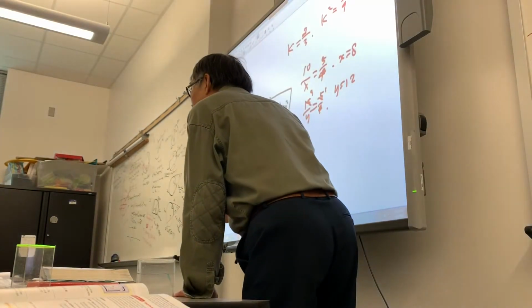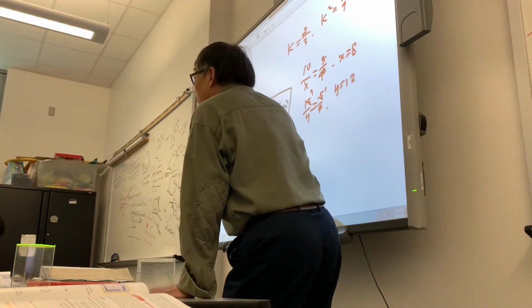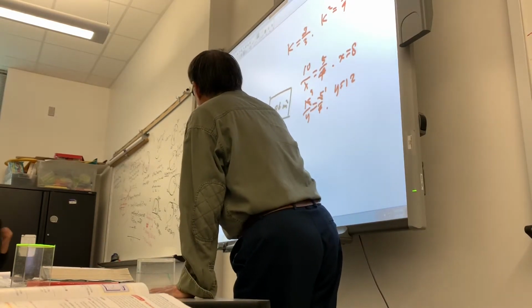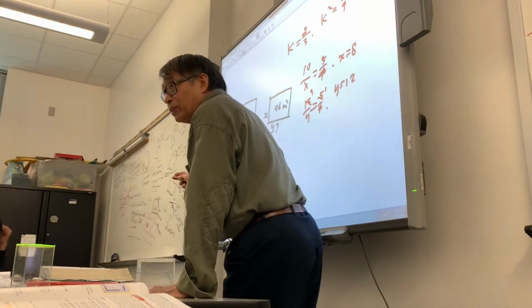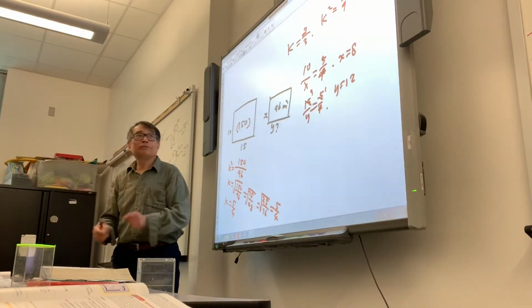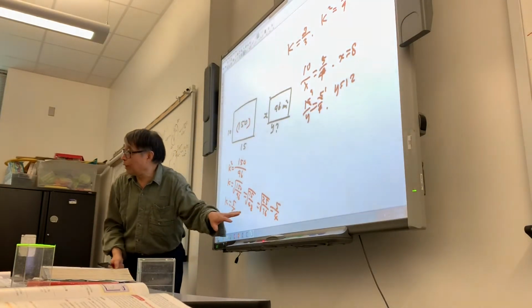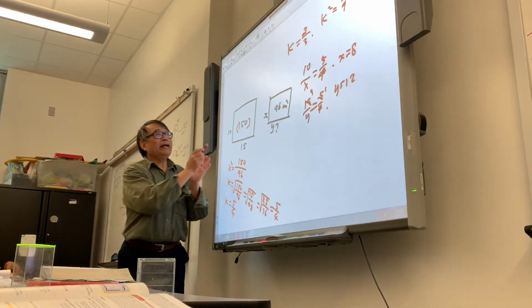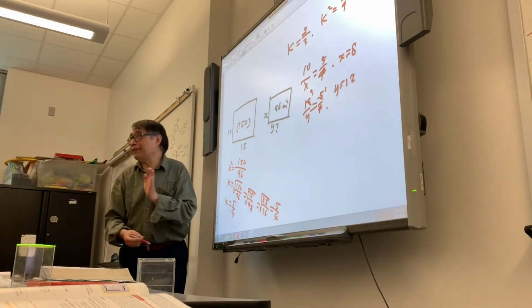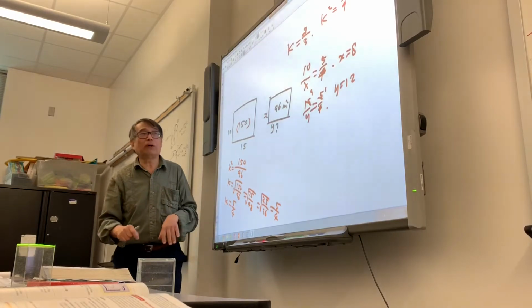Do you understand, please? Yes or no? So the question gives you area. You need to find K squared, the area ratio, first. Then take the square root, you get the length ratio. For this question, 150 over 96, you get 5 over 4. The real area ratio is 150 over 96, but the length ratio is 5 over 4.